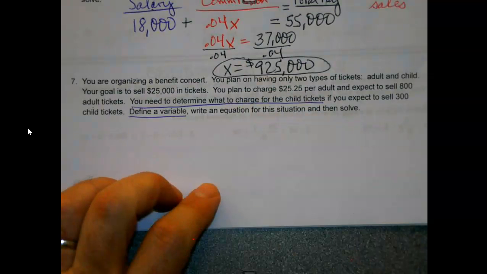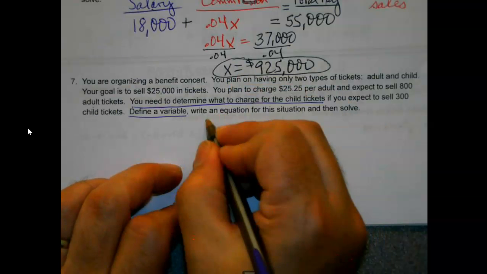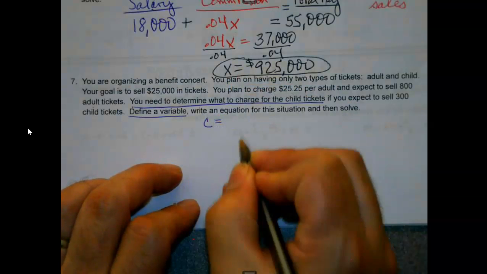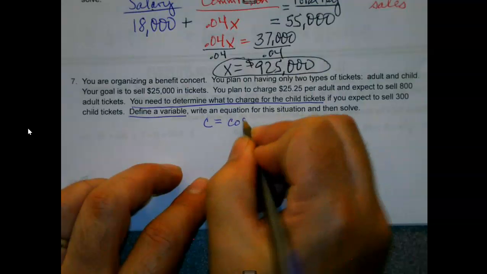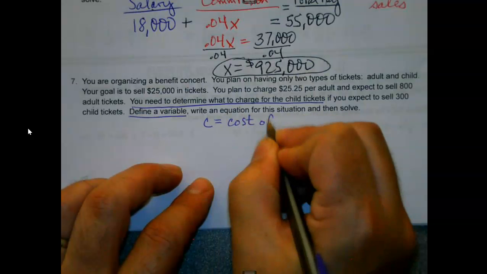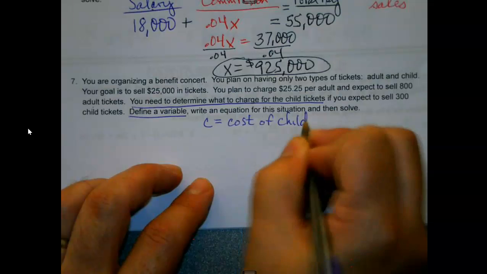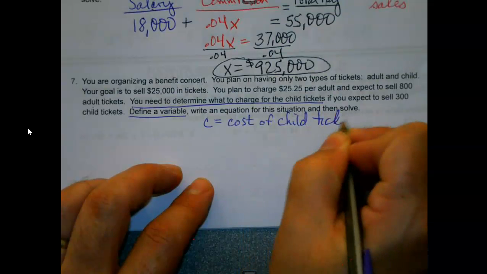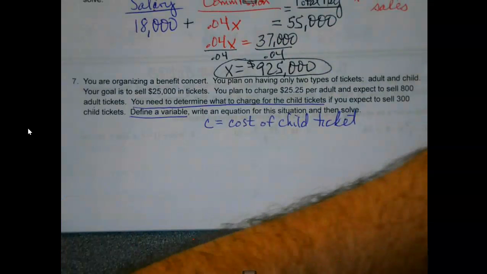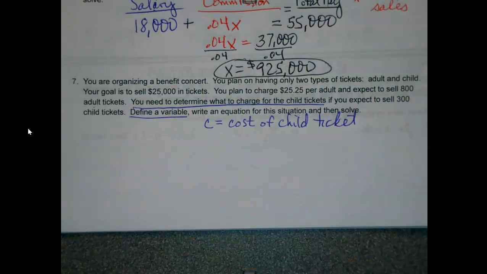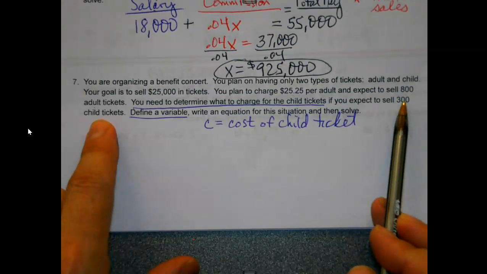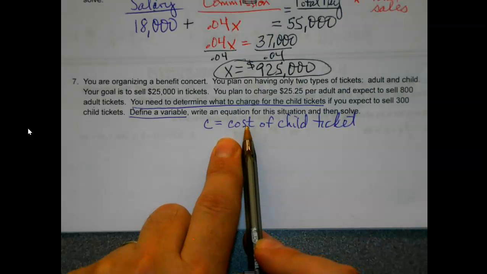So let's see, C, maybe. This again is where I have to be specific. I can't say child tickets. Does that mean the cost? Does that mean the number? Well, I know how many. So it's definitely the cost or the price.